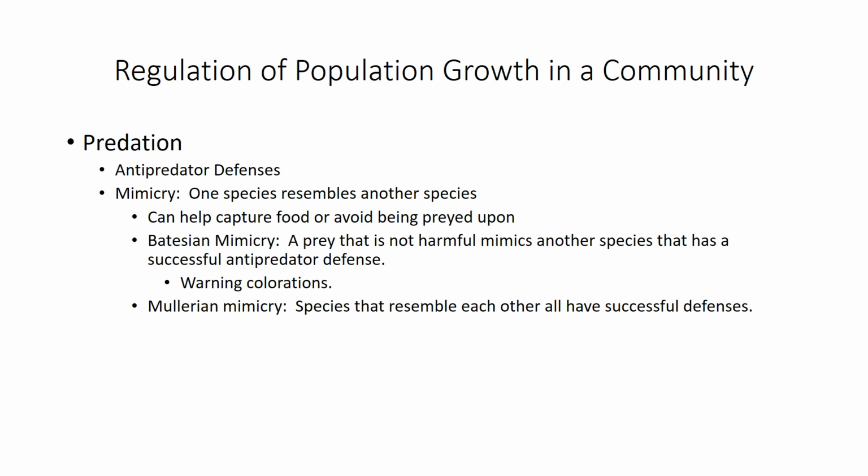For instance, both the mimic and the one that it's mimicking, they both sting, or they both are poisonous, or they both have really big teeth, and they eat a lot, something like that. Okay. So that's mimicry. It's when one species resembles another.